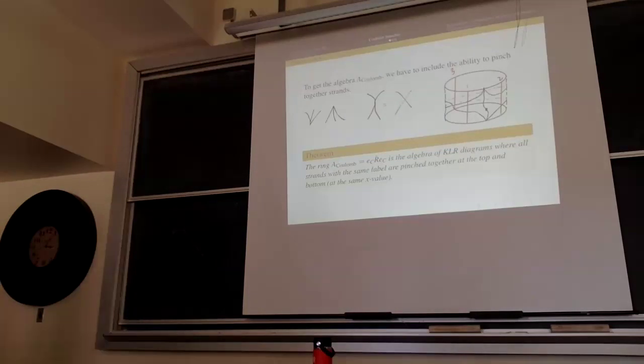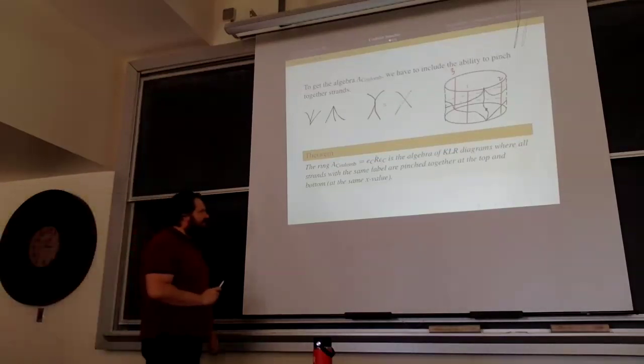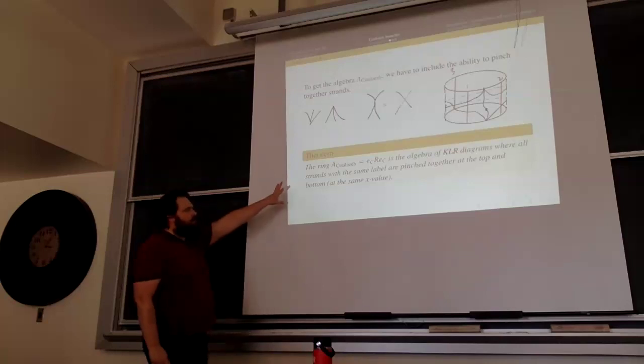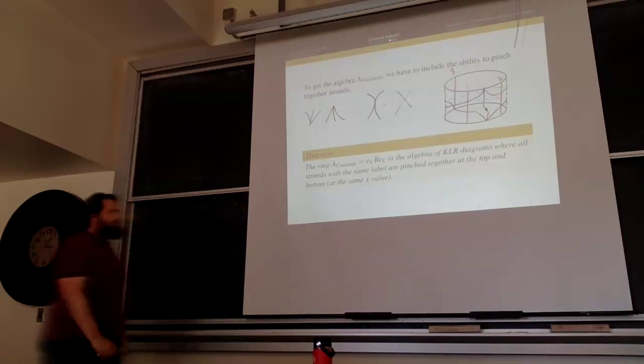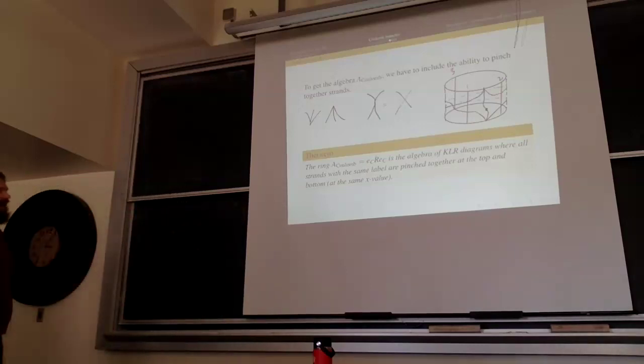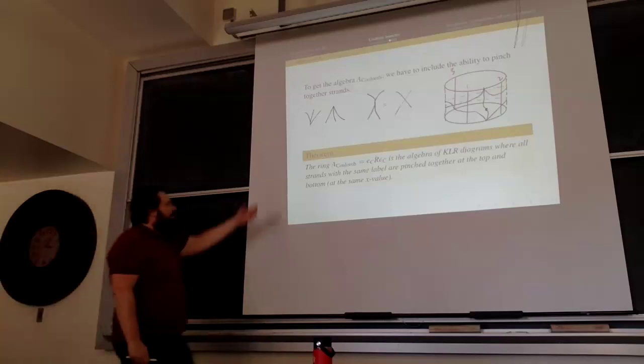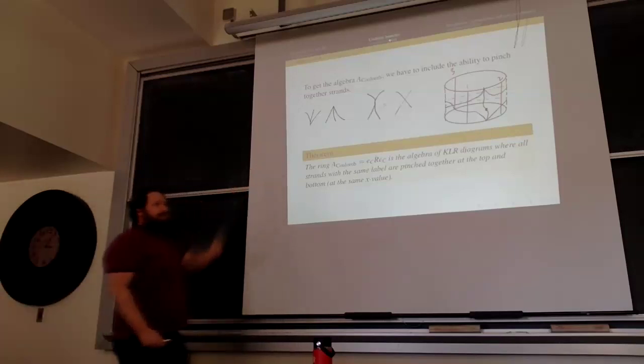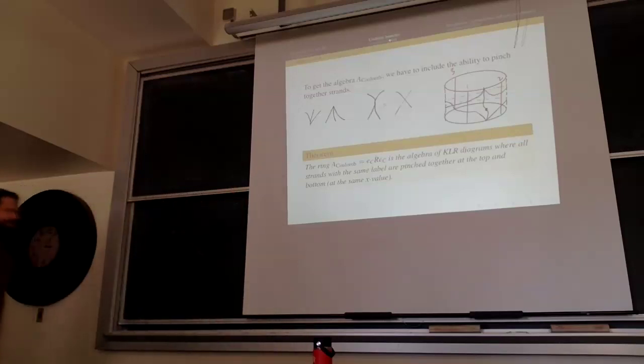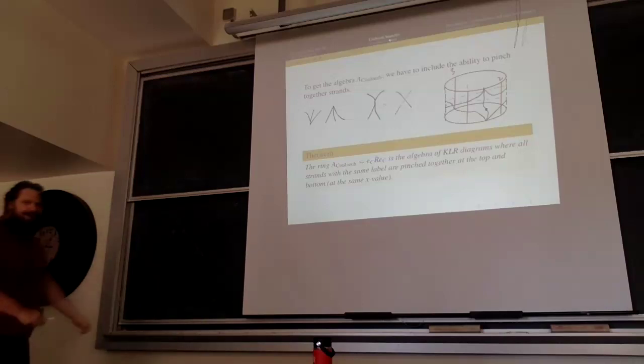I think this will be clear when we do some examples. This pinch is really just a notational thing. It looks scary because it looks like you're adding more stuff to the algebra, but it actually just represents a particular element of the algebra.